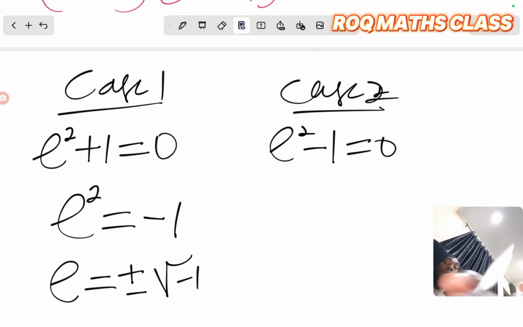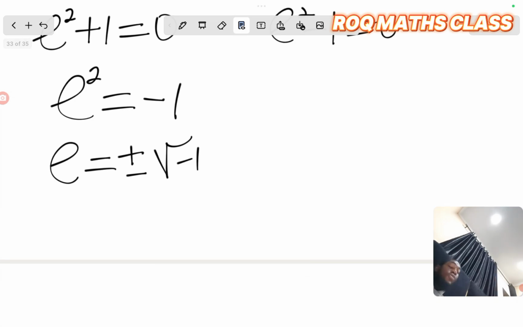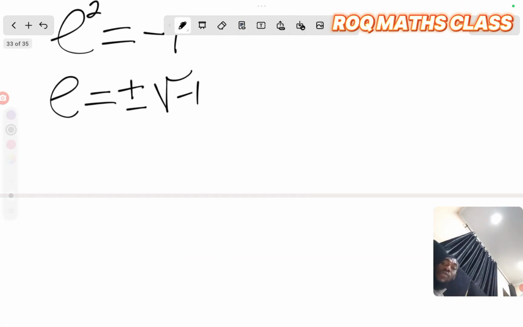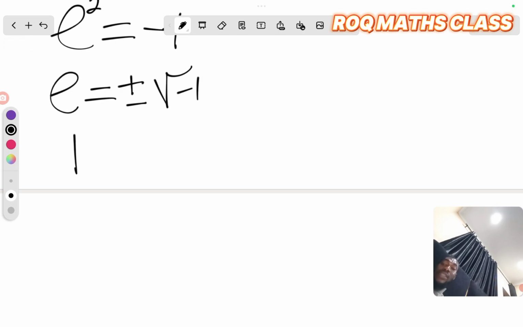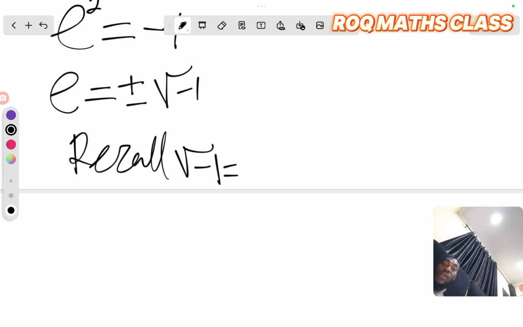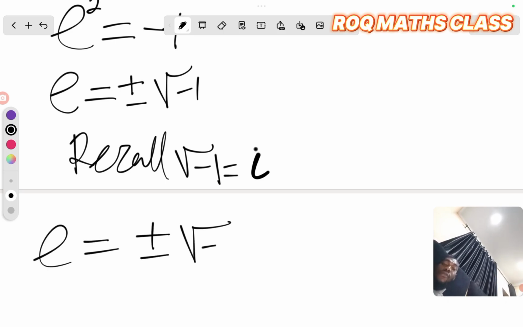We should always remember that the square root of minus 1, let me write it, recall. The square root of minus 1 is always iota. So in that case, we have e is the same thing as plus or minus the root of minus 1.